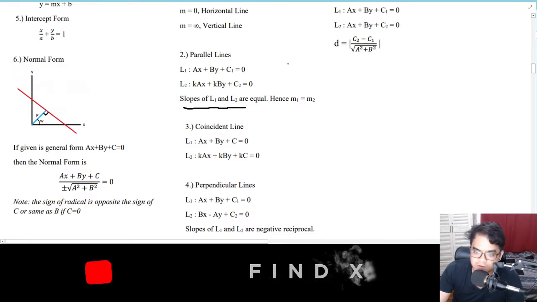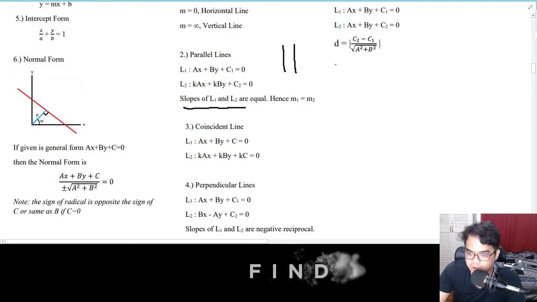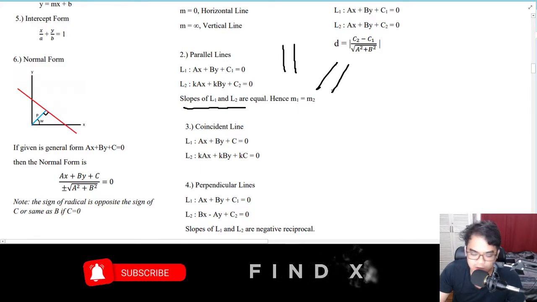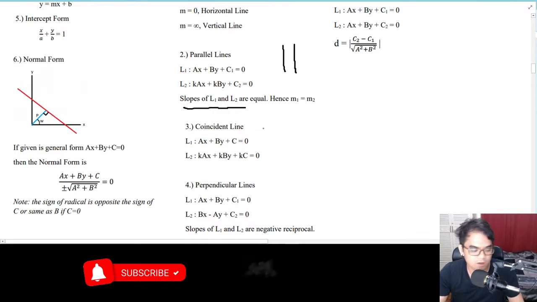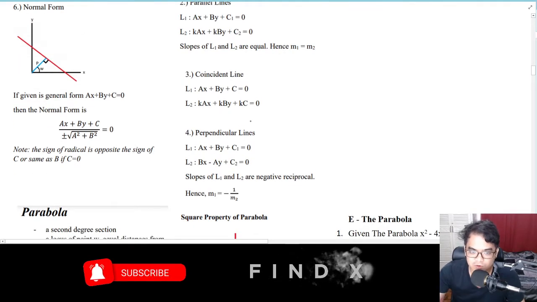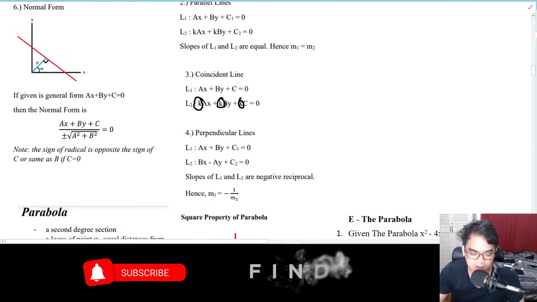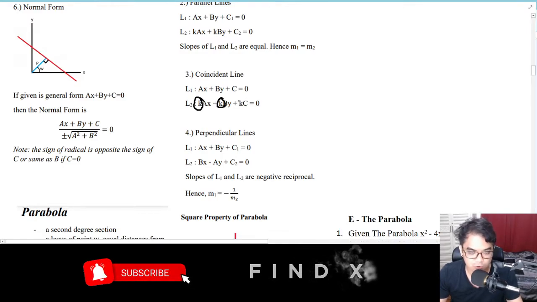Parallel lines should look something like this. So these two are parallel, or you can also say that these two are parallel, as long as they are going in the same direction. Next, we have coincident lines. For coincident lines, they have exactly the same equation; you have to factor out the k first, and then they should have the same coefficients.